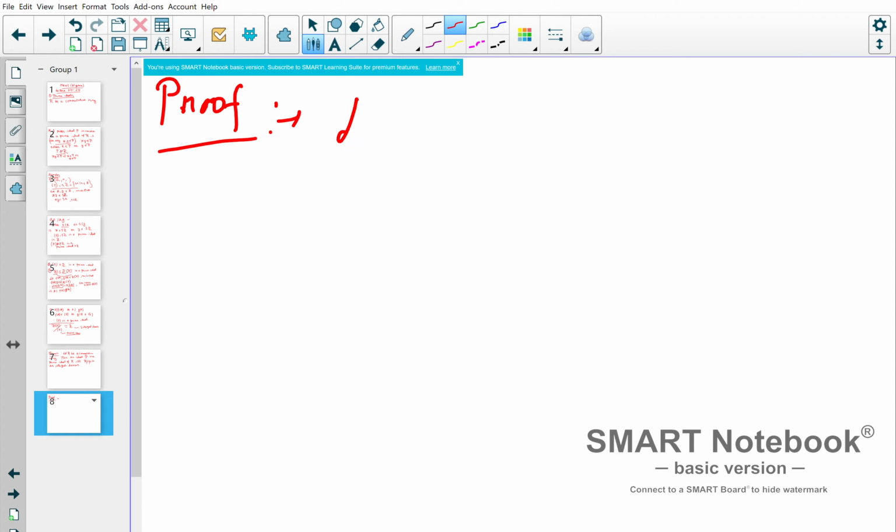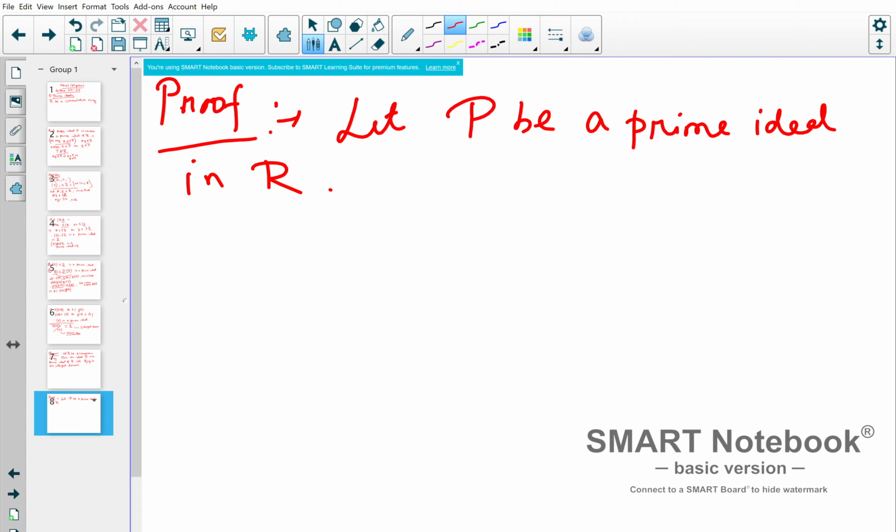P be a prime ideal in R. Okay. Let us assume that P is a prime ideal in R, and then what can you say?